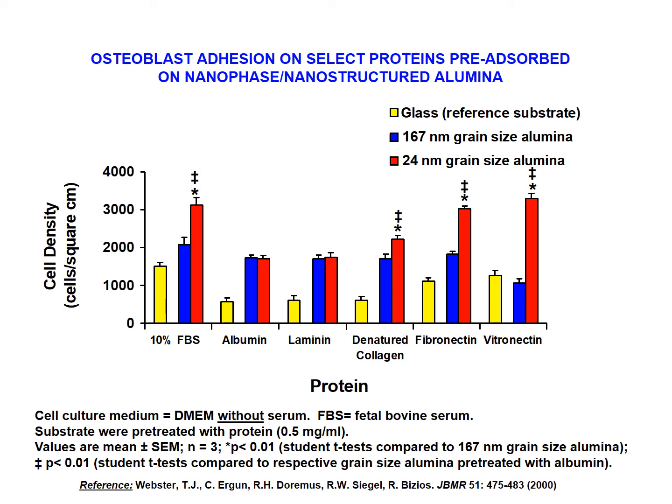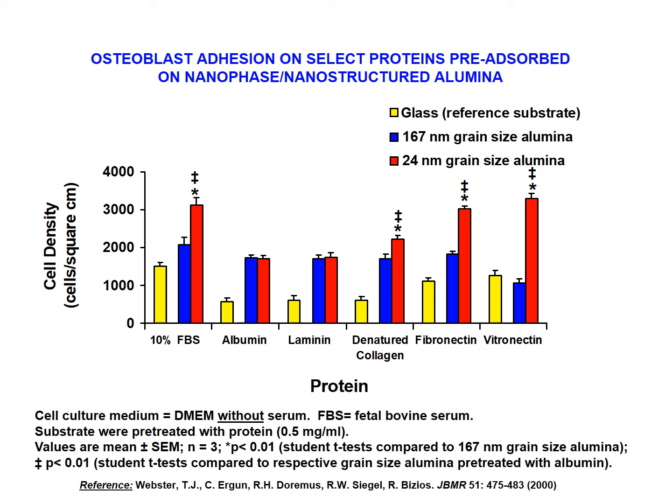Albumin is a protein known for its role in maintaining the osmotic equilibrium in the body, but it's not an adhesive protein. So the non-difference in the adhesion of osteoblasts on conventional and nanostructure alumina is not a surprise.